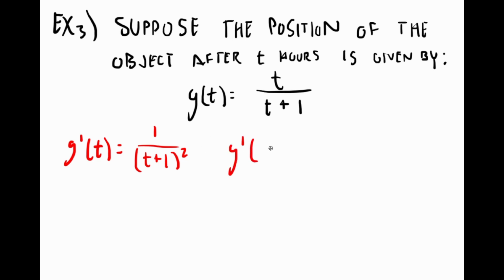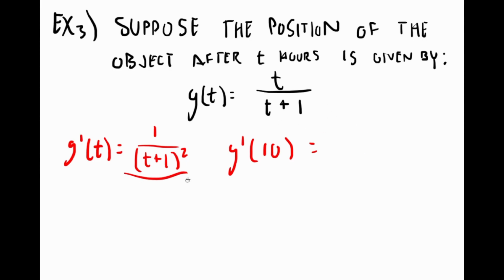And now we're going to try to find g prime of 10. T equals 10 hours. And that is going to be equal to 1 over 11 squared.